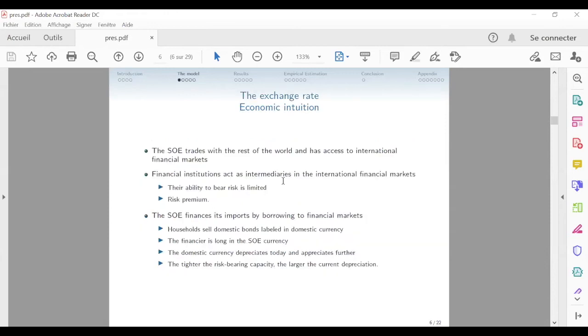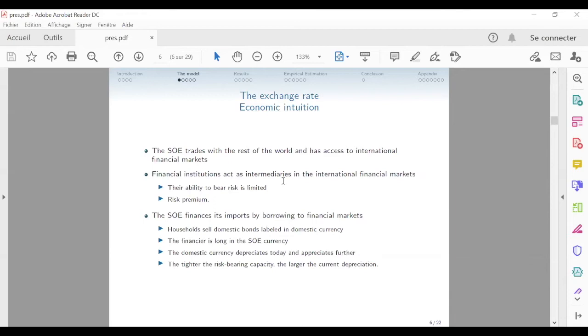Okay, so now let me talk about the model. I'm going to present it quickly with as few equations as I can. We have a small open economy which trades with the rest of the world and has access to international financial markets. In the model, there are financial institutions and they act as intermediaries in the international financial market.